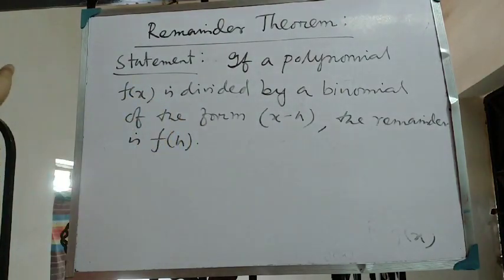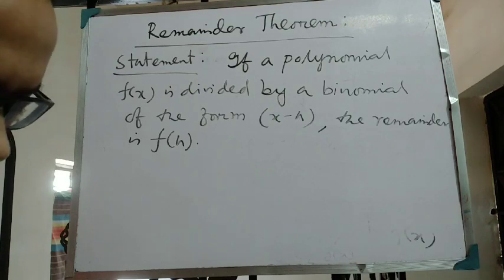Very simple statement. When a polynomial f(x) is divided by a binomial of the form x minus h, the remainder is f(h).